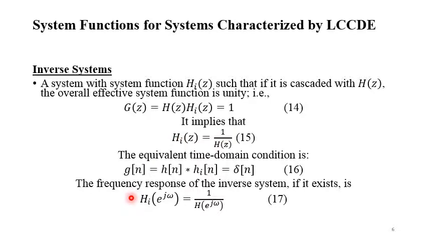So that's the relationship for the inverse system. Similarly, in the frequency domain, the relationship between the system and its inverse system, provided that the inverse system exists, will be H_inv of e to the j omega equal to 1 over H of e to the j omega.